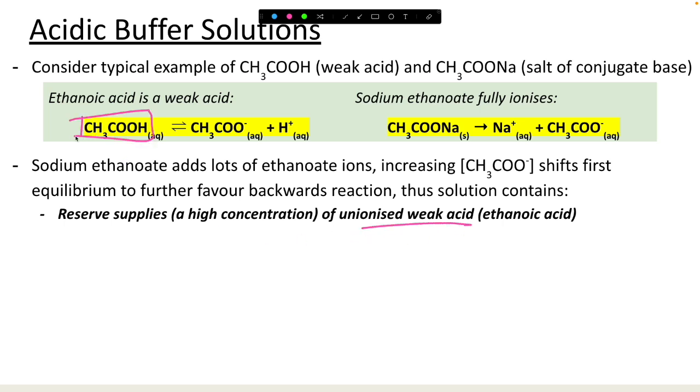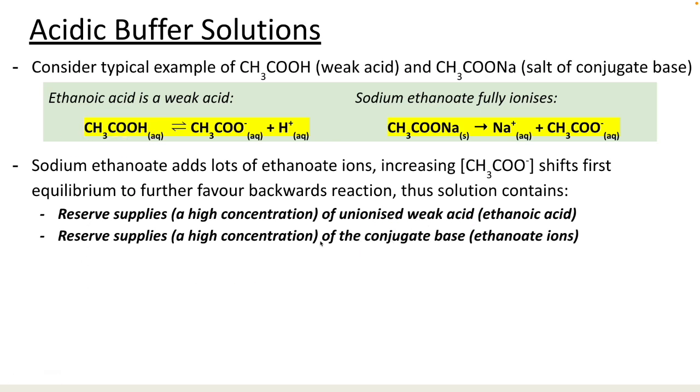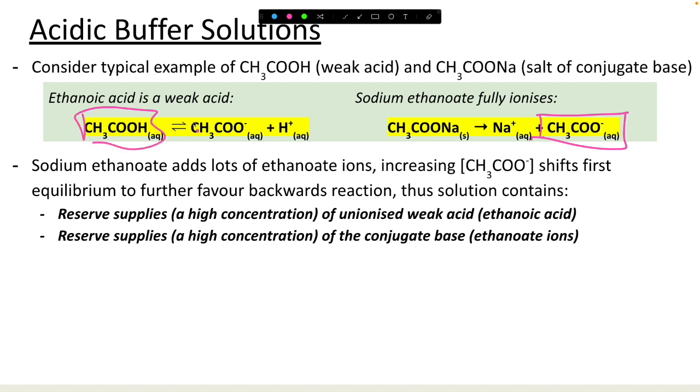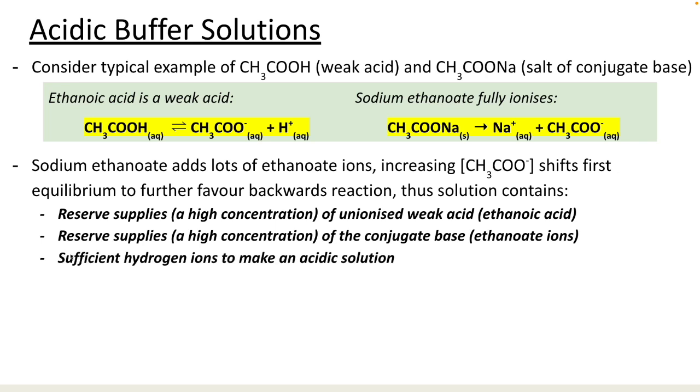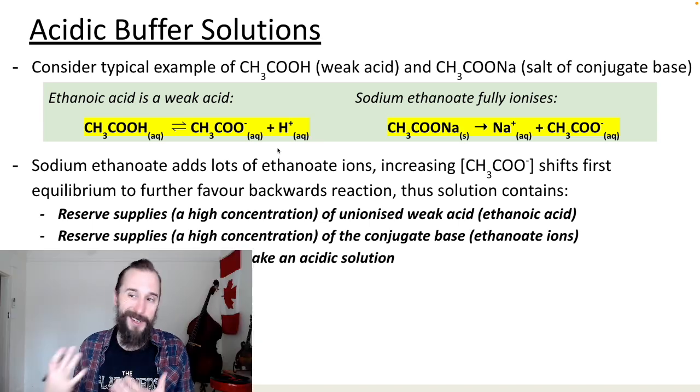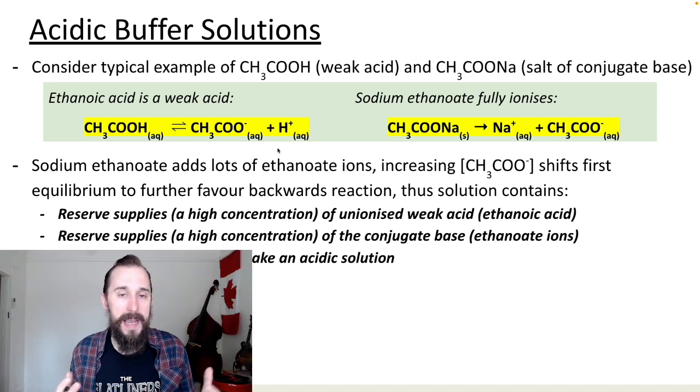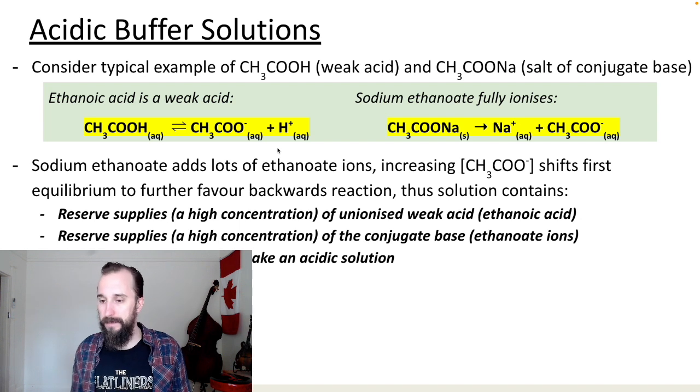We have a relatively high concentration of our conjugate base over here from that salt that we've added. So we've got relatively high supplies of both of these. And then we have sufficient hydrogen ions to make it an acidic solution, because if it's an acidic buffer solution, it's trying to maintain the pH in the acidic region.